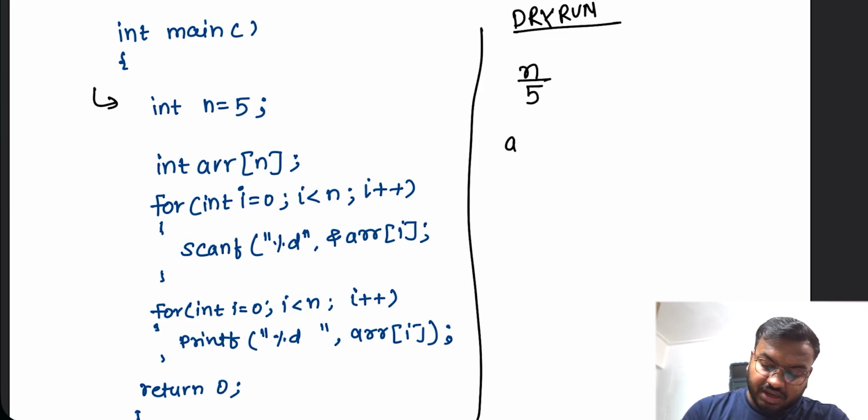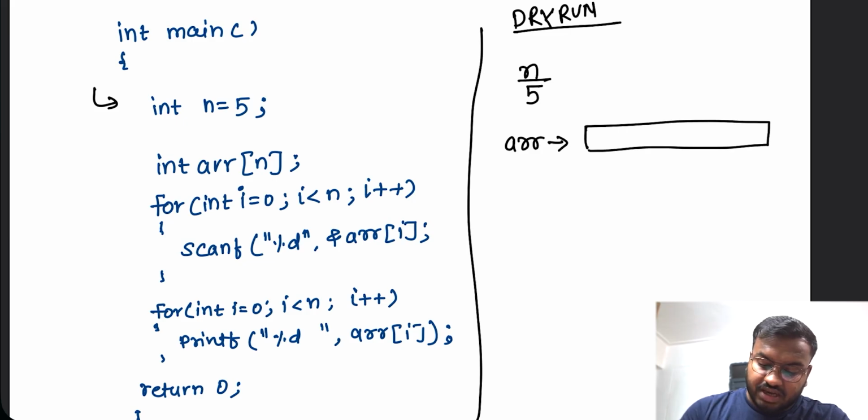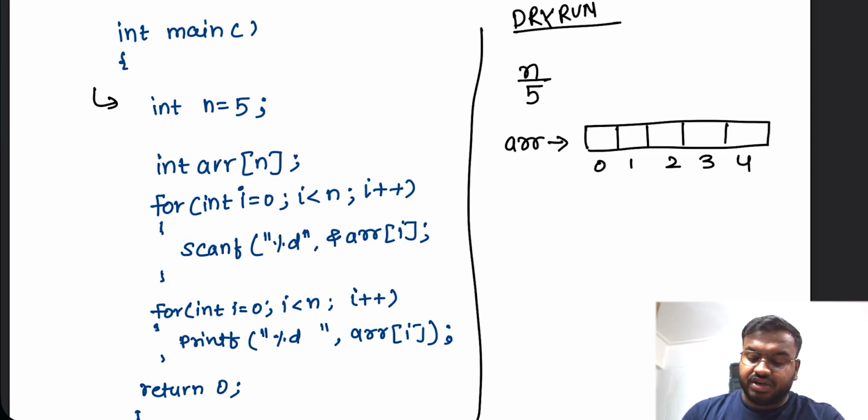Then you create an array of size n, so size 5, indices 0 1 2 3 4. The array has been created. Right now it has not been assigned any value, so a garbage value or 0 will be stored by default.